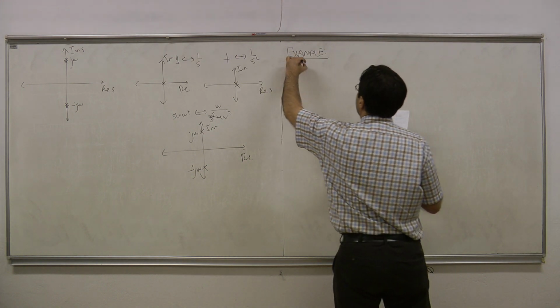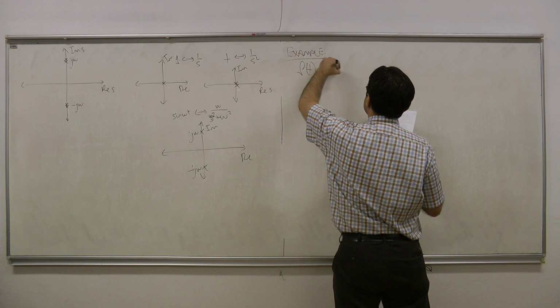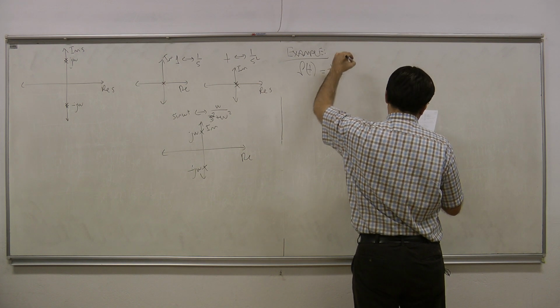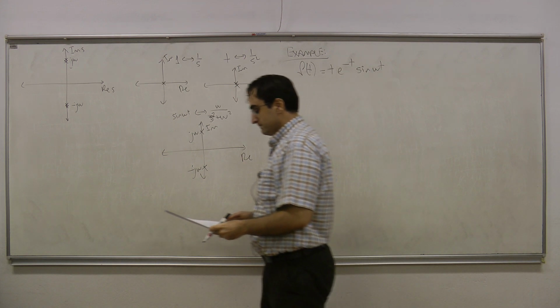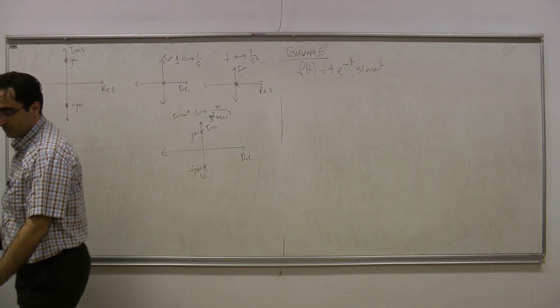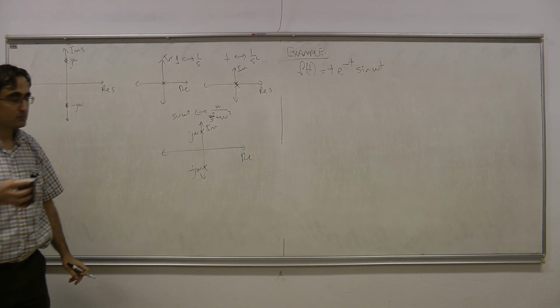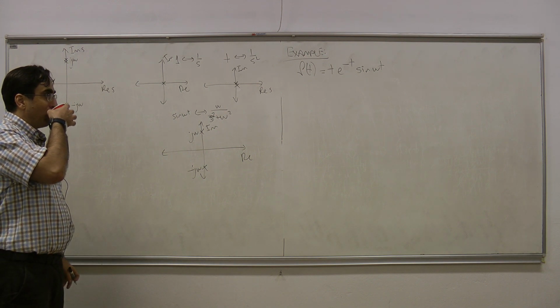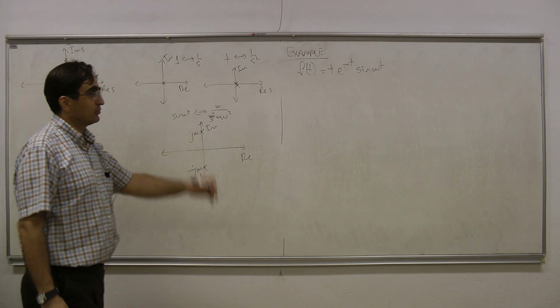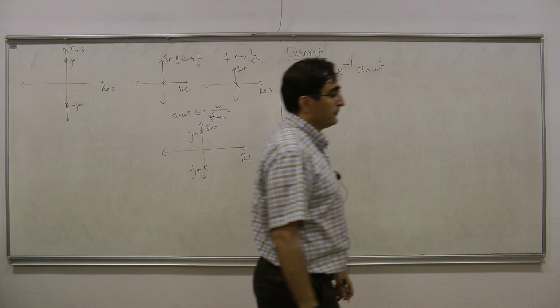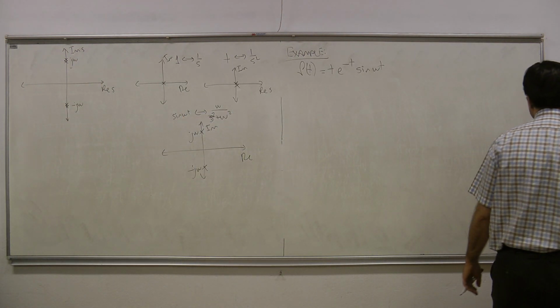And it is going to be f of t is t times e to the minus t sine omega t. I would first like you to think about what this function would look like.